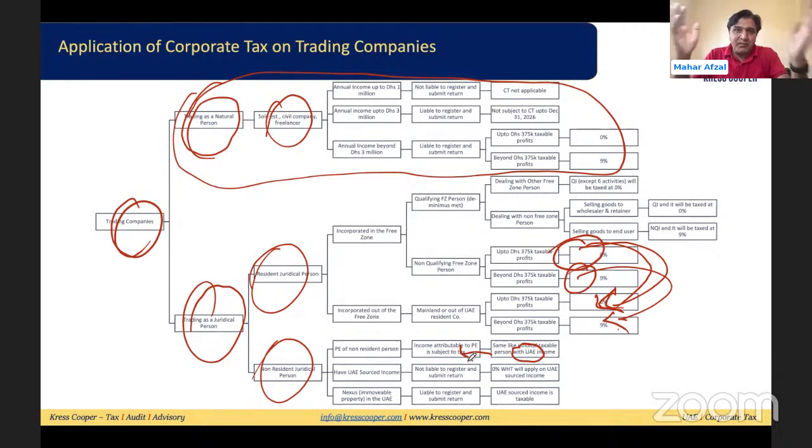But the investment has been made by the juridical non-resident trading company. So in this situation, they will be liable to register. They need to submit the return as well. Again, if the income is up to 375,000, 0% corporate tax. Any income beyond that will be subject to tax at 9%.